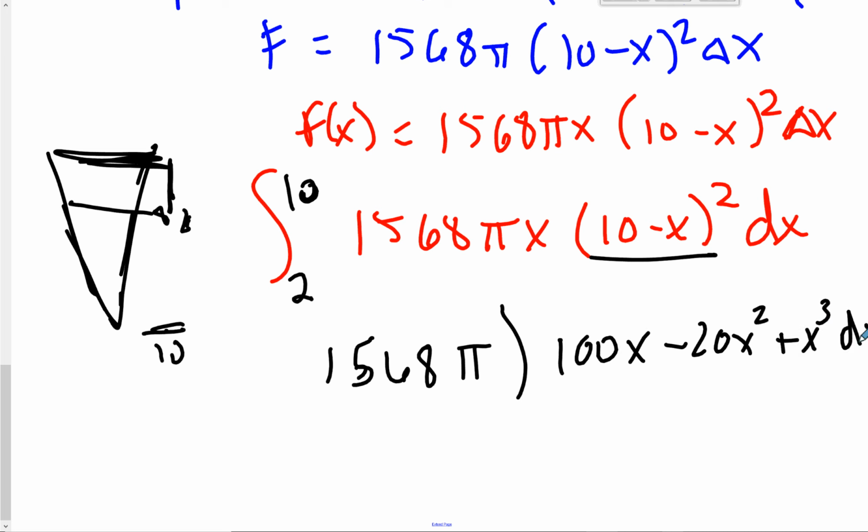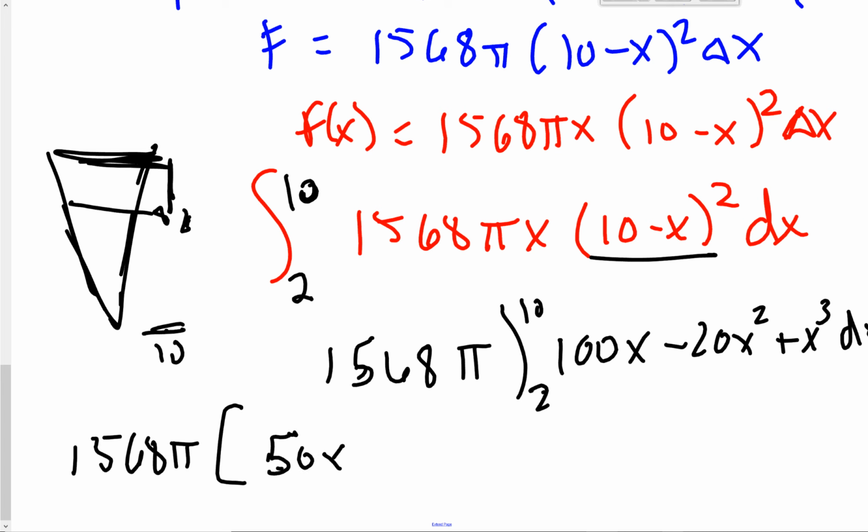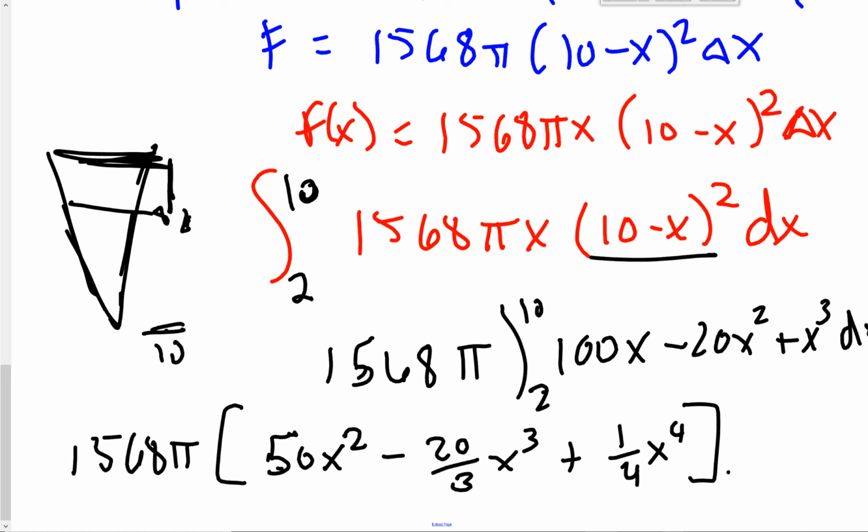And we're going from 2 to 10. So then we can go ahead and integrate that. 1568 pi, and then so that is 50x squared minus 20 over 3 x cubed plus 1/4 x to the 4th. And we're going from 2 to 10.